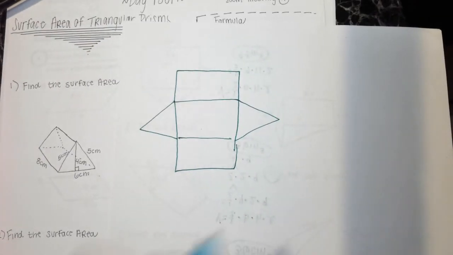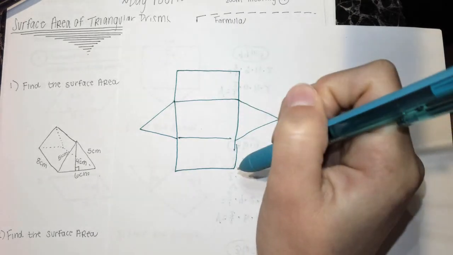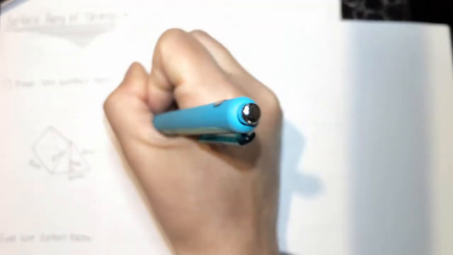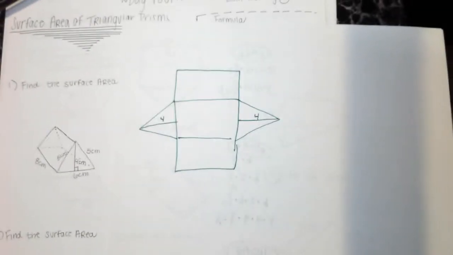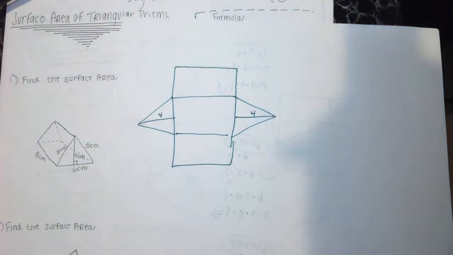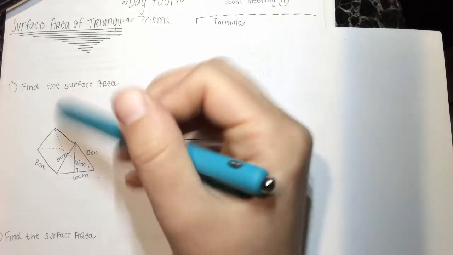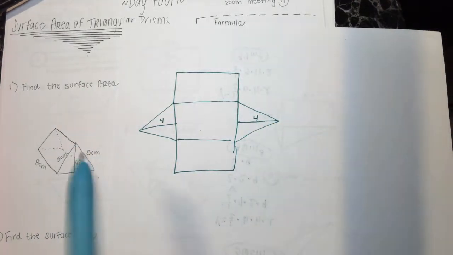You don't have to draw the net if we can use the formula, but we're going to have to understand the formula. Now, the main part is these triangles, you have to be able to label all the dimensions. So I know the height of the triangle is 4. If that's 4, this is also 4. Okay, I know that the base of the triangle is 6.